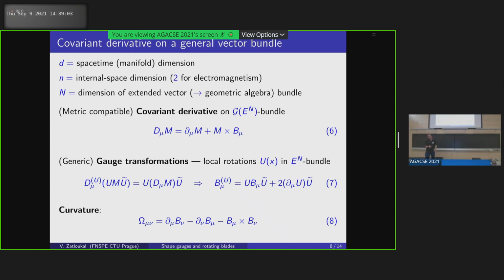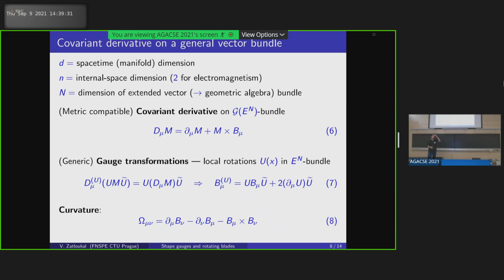So this U is the rotor. Of course, I don't have to stress this at this place: everybody knows that doing rotations is much more efficient with rotors, with sandwiching using rotors. Okay, and from this requirement of commutation between the H transformation and the covariant derivative, we get the right-hand side of 7.